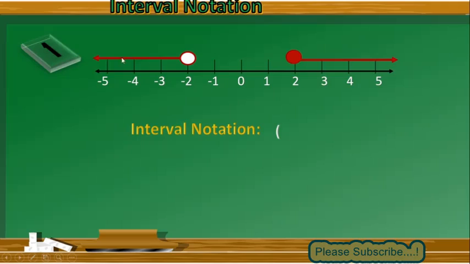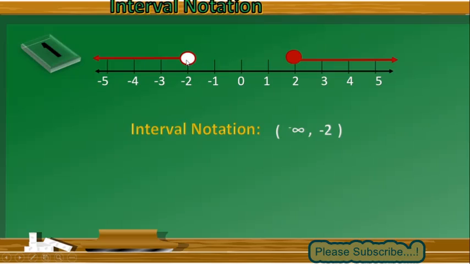As I said, when it is negative infinity or positive infinity, you have to use parenthesis. So we have negative infinity, comma, then this one, -2, then since it is open, you will use parenthesis.